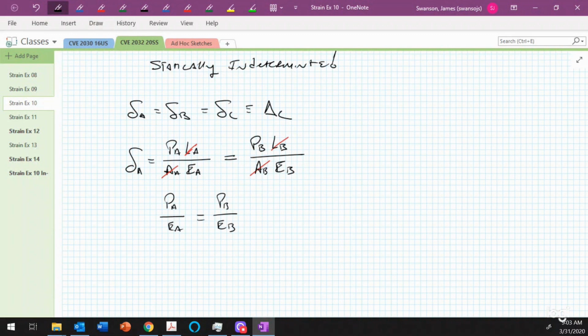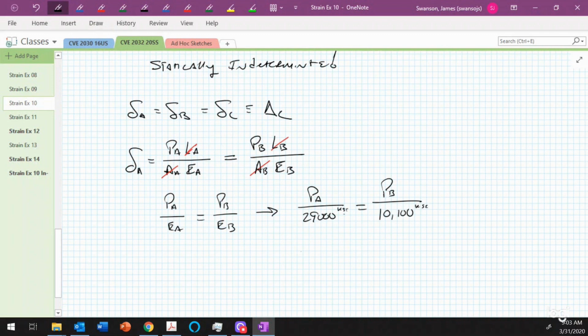Now, we know that the moduli of elasticity are given to us. So rods A and C are made out of steel with E equal to 29,000, and rod B is made out of aluminum with E equal to 10,000. So I could do a substitution in here now, and I could say that this is equal to P_A divided by E for A, 29,000 ksi, and that's equal to P_B divided by E for rod B, 10,100 ksi.